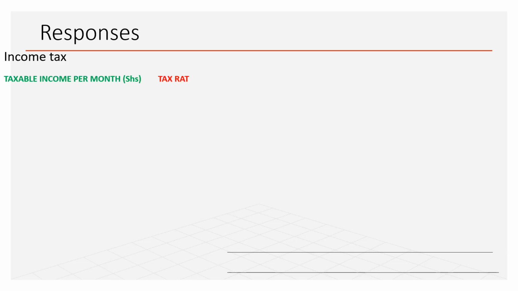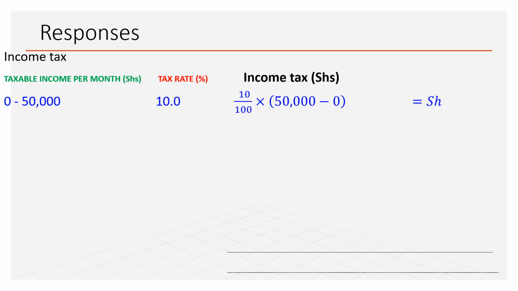So as per the tax structure, we need to follow each tax rate. So we get to realize that from 0 shillings to 50,000, the rate is 10%. And that is ultimately 10 over 100 times the difference of the taxable income.